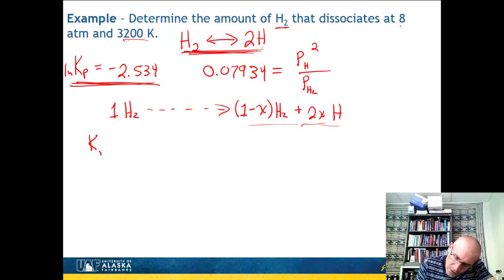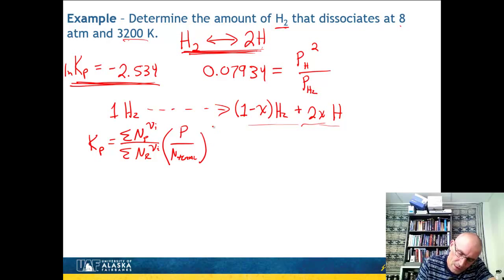So let's go ahead and use our Kp. Remember, Kp is the product of the number of moles of products to their stoichiometric coefficients over the number of moles of reactants to their stoichiometric coefficients, times P over N total, all to the delta nu. So let's plug in our numbers. Here we just have one product and one reactant.